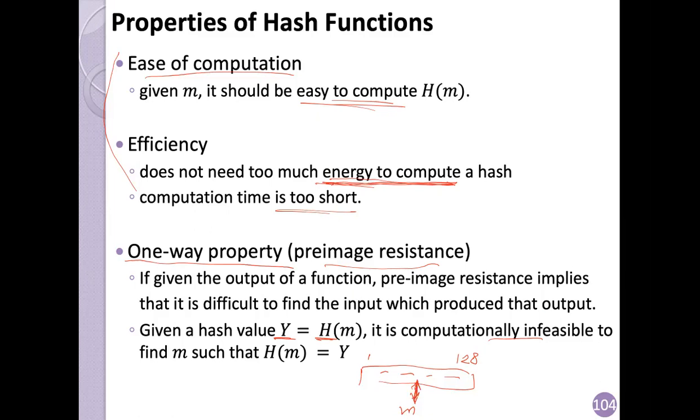So given the output y and the hash function h, it should be computationally infeasible for the attacker to find a message m such that the hash of m is y.